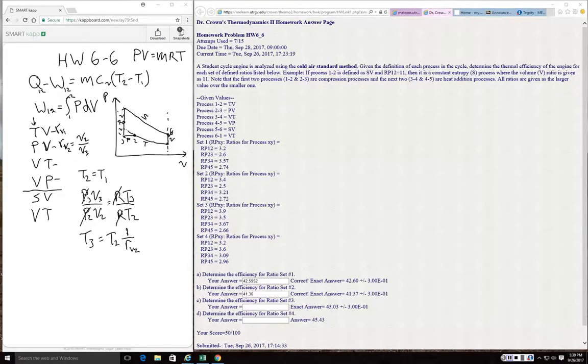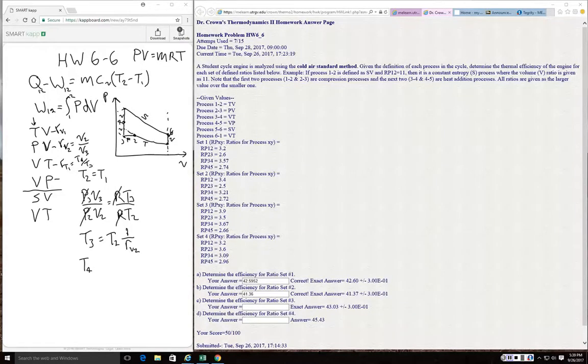Okay, then I have T4 for the next process. It's a temperature ratio that's given, so that's going to be our T1 equals the higher, which would be T4 over T3.